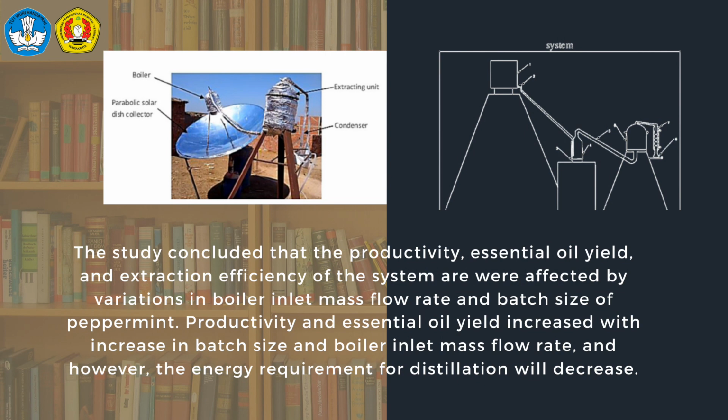Okay everyone, an electrical heat source was used for evaporation of water in a conventional distillation system. The solar distillery consists of a parabolic solar disk as a heat source. The study finds that the productivity, essential oil yield, and extraction efficiency of the system are affected by variation in the boiler inlet mass flow rate and batch size of peppermint.